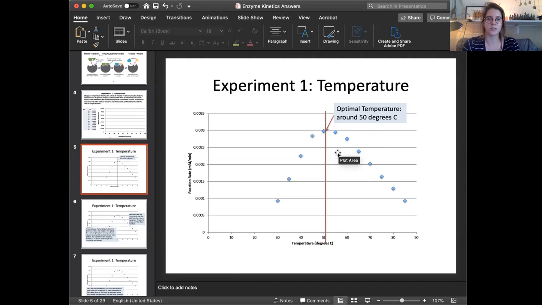That's why we see this gradation. It's not a quick drop off, like suddenly right past 55 you get no function. It's like one bond is broken and you can still kind of fit the substrate, but it's not as ideal. You still have a little bit more activation energy to get over. And that's why we see a gradual decrease. So hopefully that makes sense.